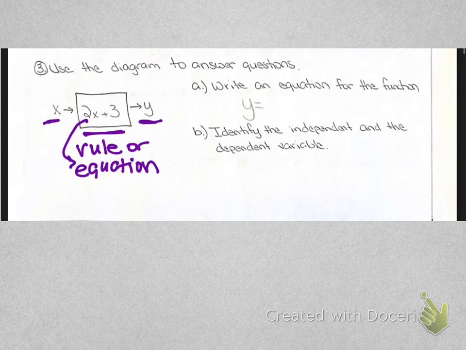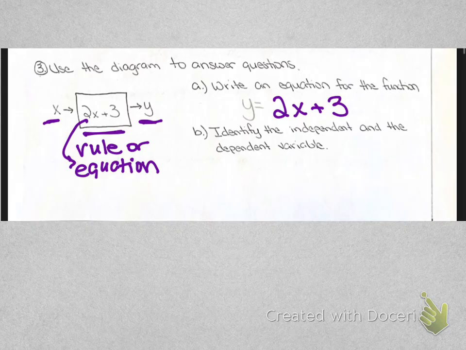Part A says write an equation for the function. So your equation is always your output, which is your y, equals your rule or equation. So it's just y equals 2x plus 3. So all you're doing is plugging in the equation behind the y equals. That's it.